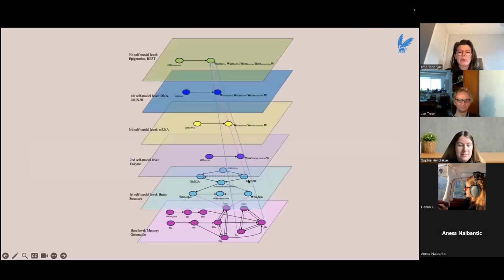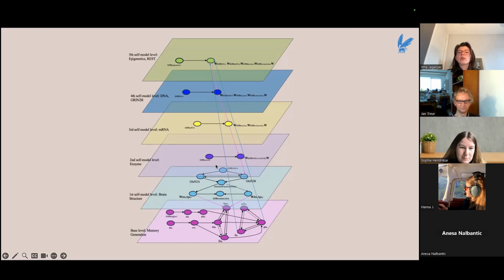But let's first dive a little bit more into the adaptive model that I made. First, here we have the base level layer for memory generation. This level is focused on generating true or false memories and experiencing the neglect and trauma. Then we have the first self-model, which is focused on the brain structure, and this is really about the synaptic plasticity of the neurons. The second level is the enzyme level, which produces GLUN2B, where I focused my study.